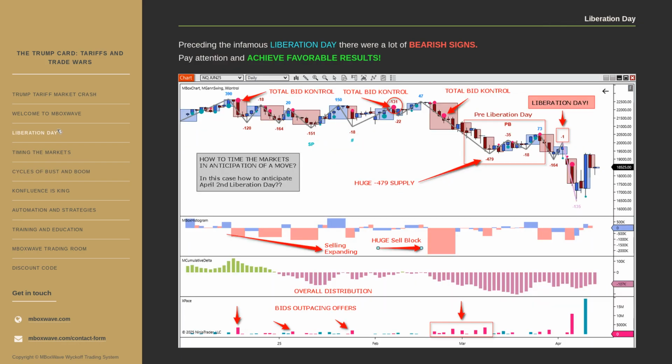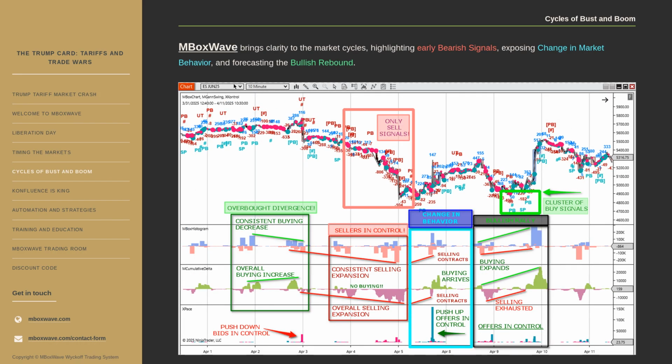Right here we had a daily of the NASDAQ, Liberation Day. Here we're doing the E-mini S&P, but both markets went down. So we're going to look at this on a smaller time frame, but zoomed out. Here we had the April 2nd Liberation Day.